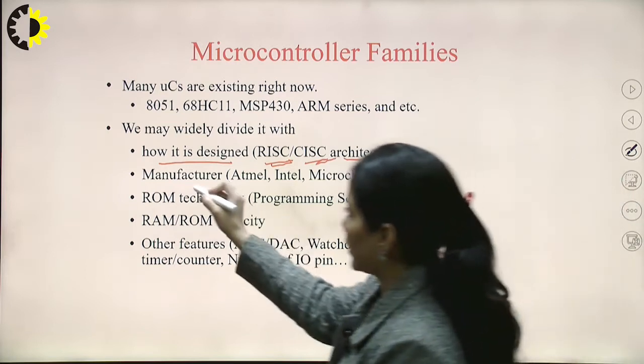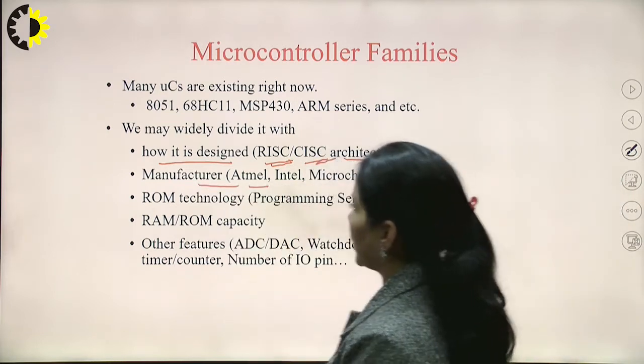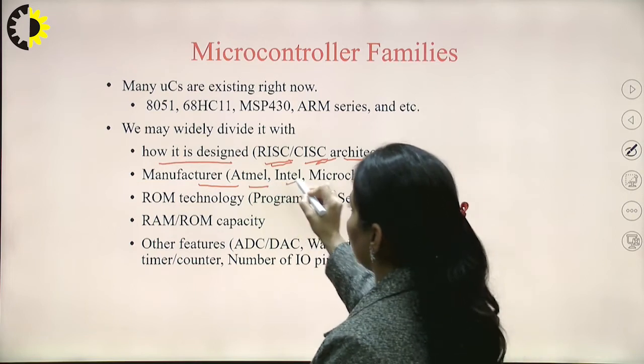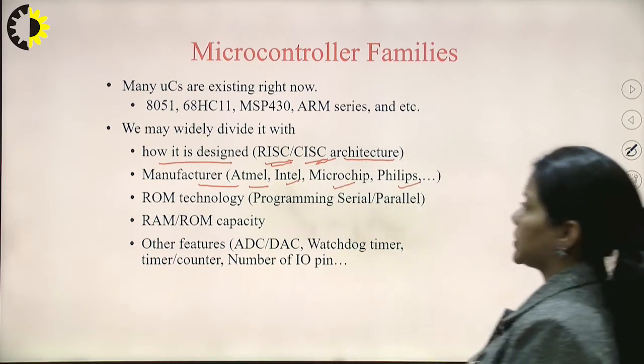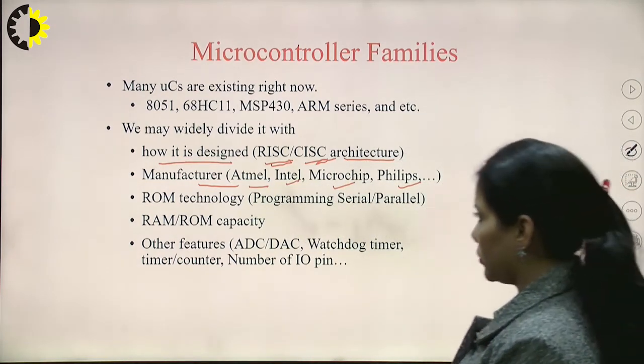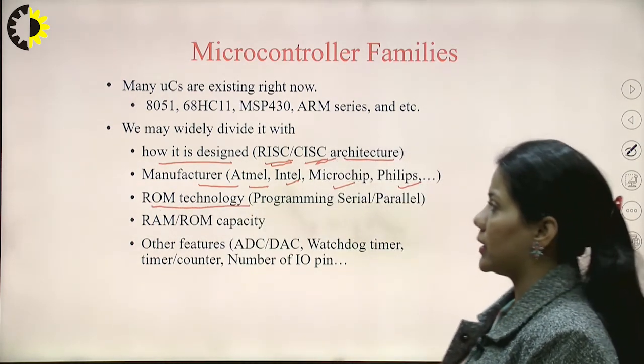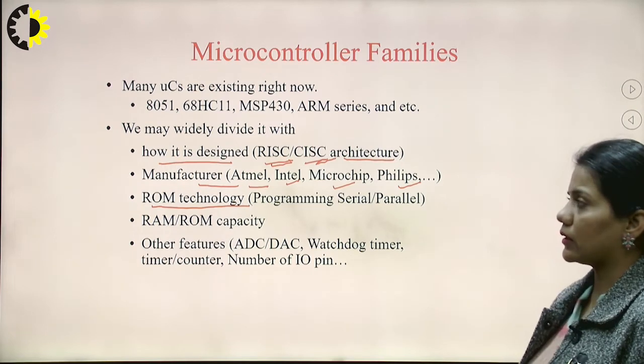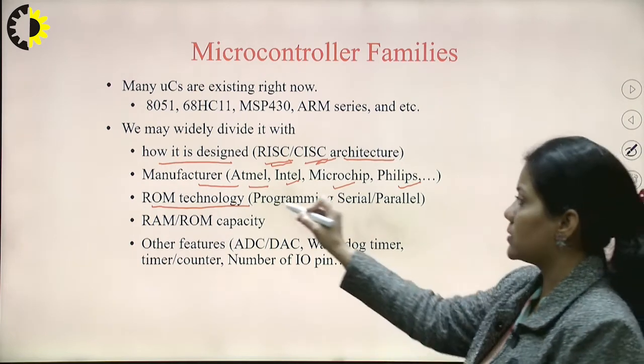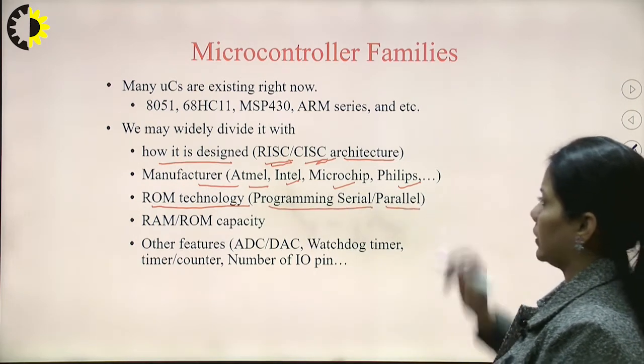According to the manufacturer, these can be categorized as Atmel series, Intel, Microchip series, and Philips series. According to the read-only memory technology, what type of ROM is being utilized? According to that, we can categorize our microcontrollers as programming serial or parallel.